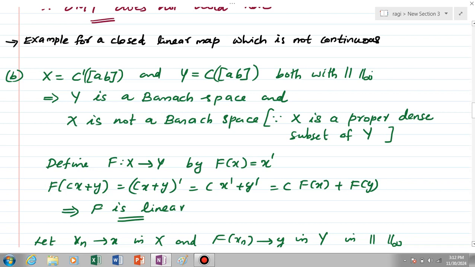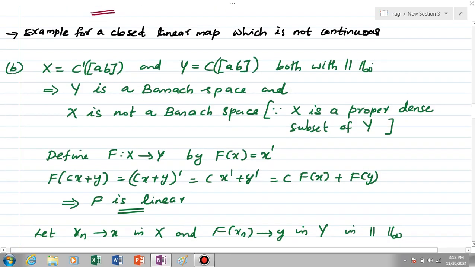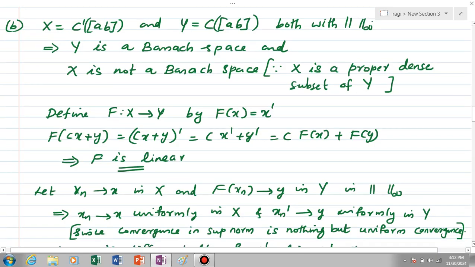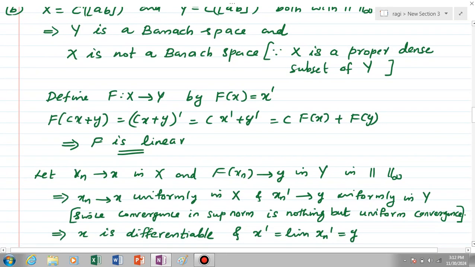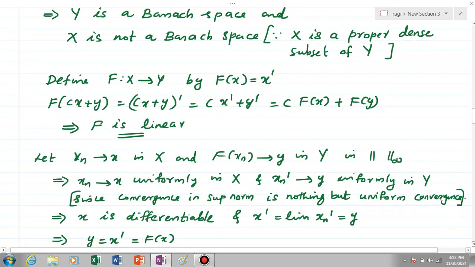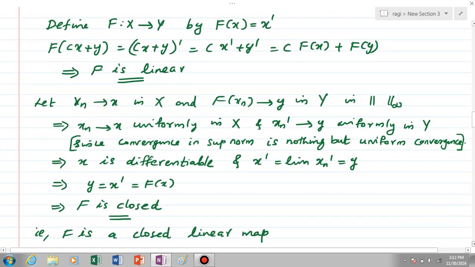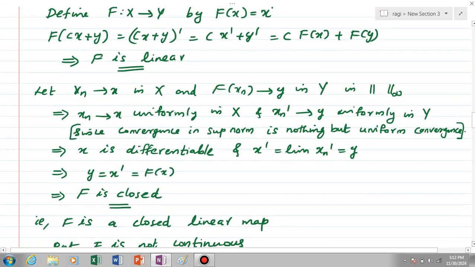Okay, now define the map F from X to Y by F of x is equal to x'. Clearly F is linear because F of cx plus y is equal to c into F of x plus F of y. So F is linear. Now we will see that F is closed.